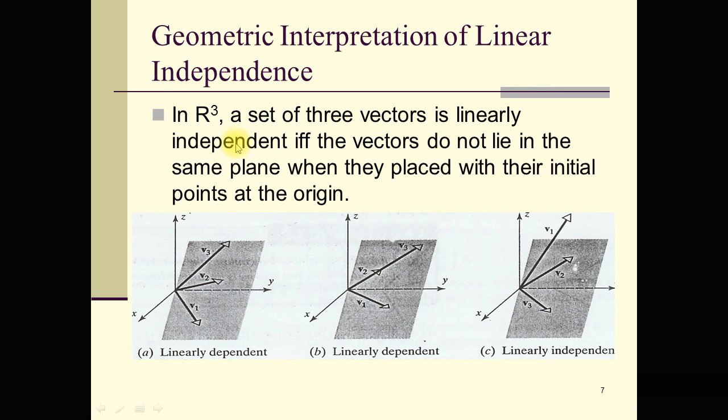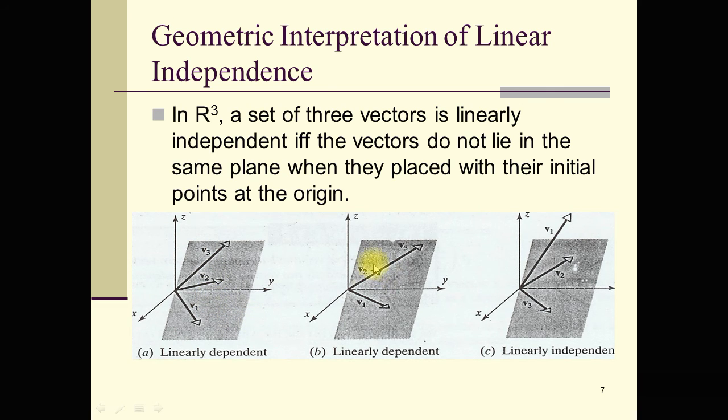Now in R cube, the three-dimensional space, a set of three vectors is linearly independent if and only if the vectors do not lie in the same plane when they are placed with their initial points at the origin. As we discussed in the previous slide, if the vectors do not lie in the same plane, then the vectors will be linearly independent.